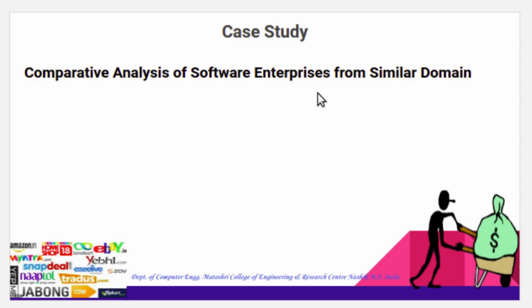So he or she should identify the key issues of the case as well as analyze the case using relevant theoretical concepts from the unit you have just learned. So let's begin with this case study.